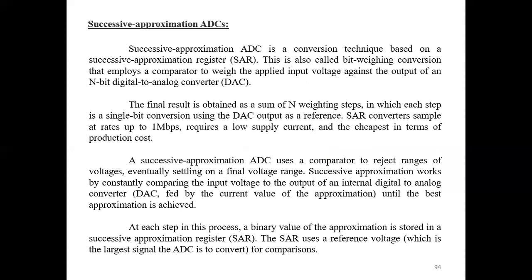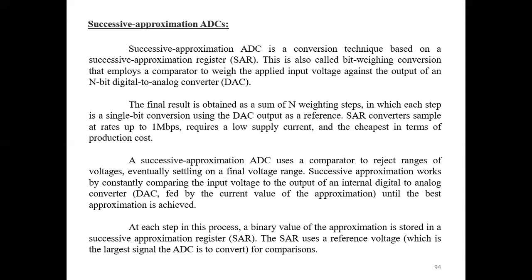Successive approximation ADC is a conversion technique based on a successive approximation register. This is also called bit weighting conversion, which employs a comparator to weigh the applied input voltage against the output of an n-bit digital to analog converter. The final result is obtained as a sum of n weighted steps, in which each step is a single bit conversion using the DAC output as a reference.